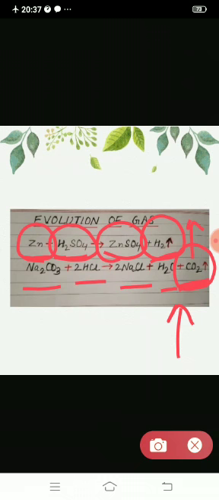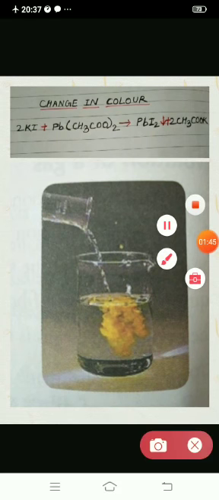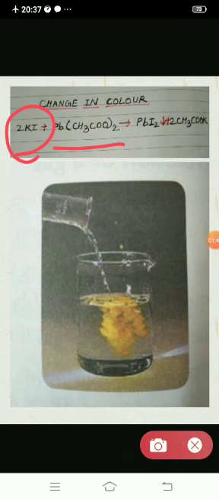Moving on to the next characteristic, that is change in color. Here I have taken the example of potassium iodide and lead acetate.